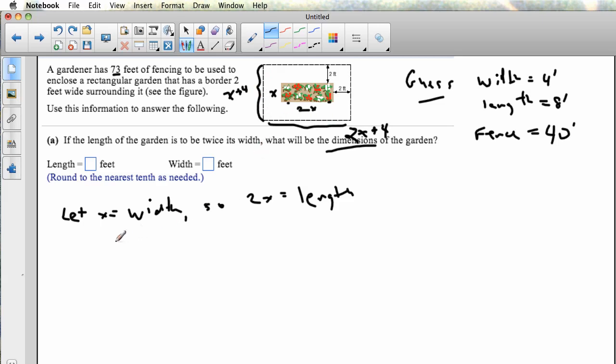And so my perimeter, the amount of fencing that I need, remember before I got it by just adding the numbers around, so I'm going to do the same thing. It'll be x plus 4, plus 2x plus 4, plus x plus 4 again, coming up this side, plus 2x plus 4 again.